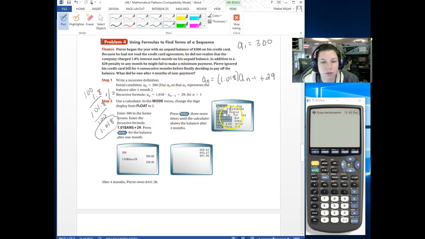So what they're showing here is the calculator features. This float thing, mode float, is optional. It's when you go to the mode on your calculator and you go to float, this is asking you how many decimal places you want. So normally we have it just set on float.